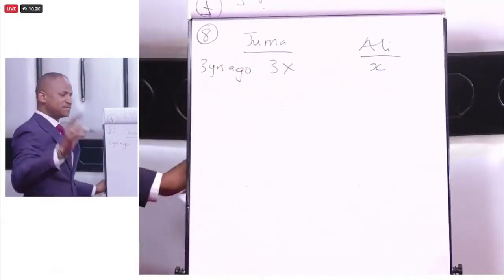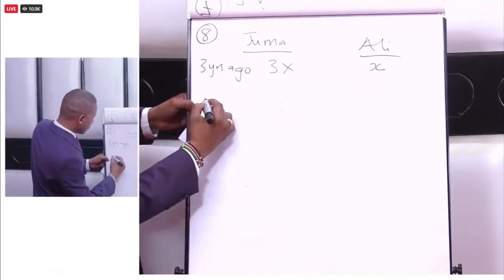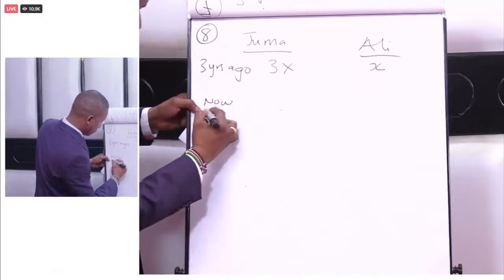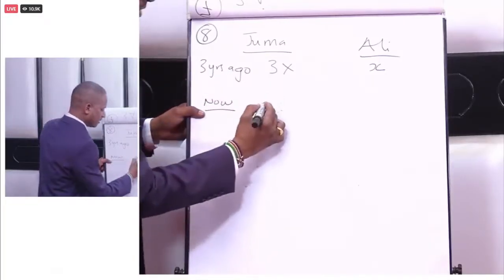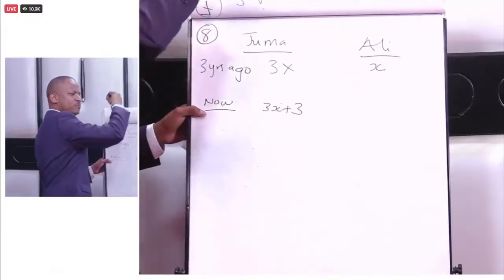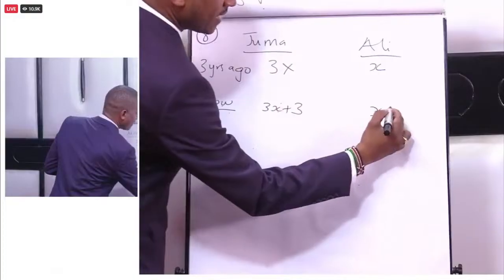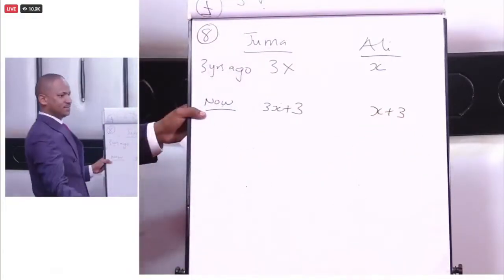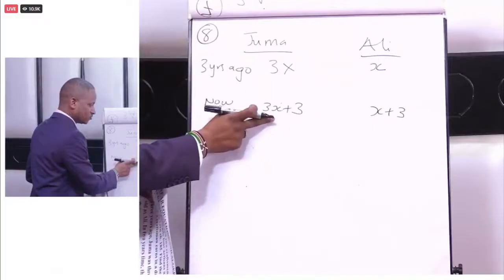Now bring their ages to today. Juma will be 3x plus 3, because that was 3 years ago, while Ali will be x plus 3. That is now. So we have come from 3 years ago to now.